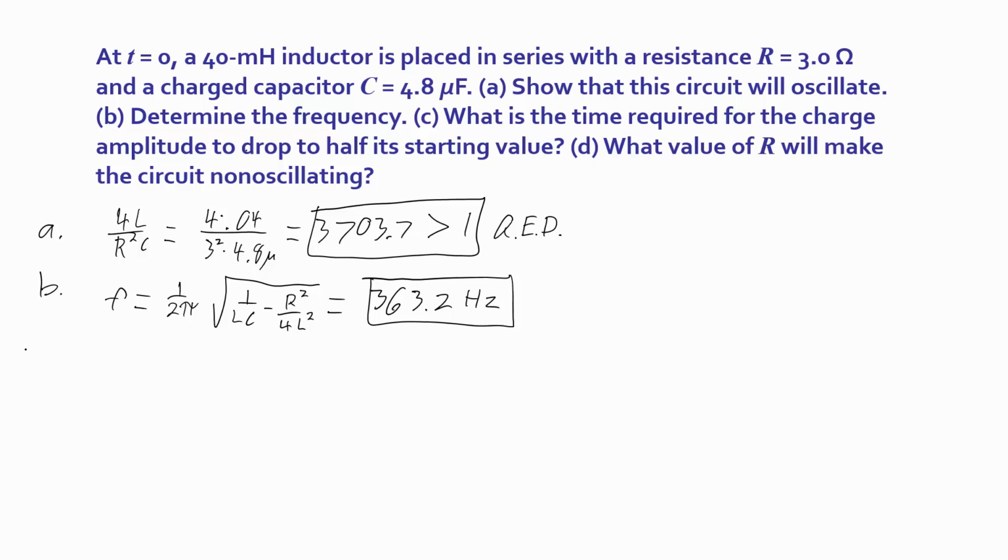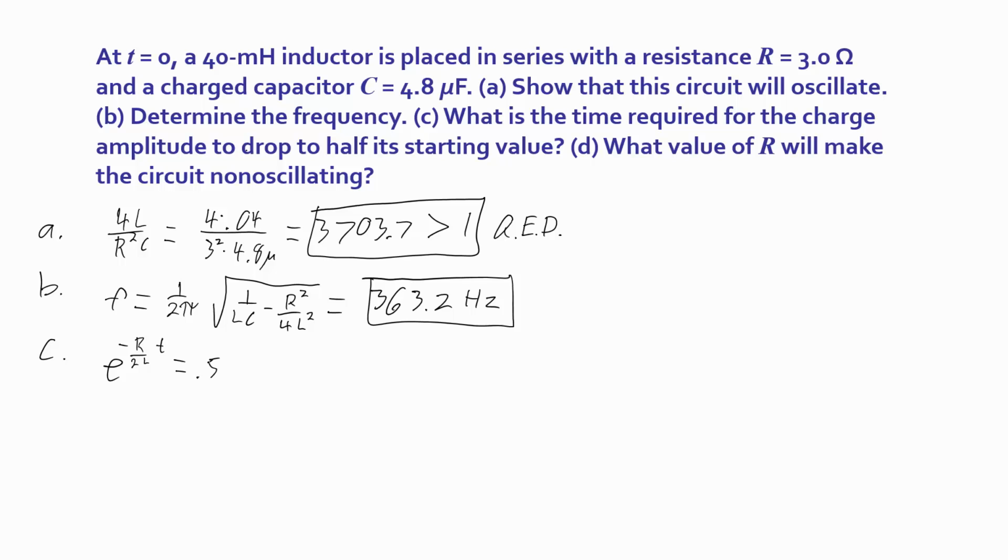Okay, part C, the time required for the charge amplitude to drop to half its initial value. So essentially that decaying exponential part in the equation has to equal 0.5. So we can set that decaying exponential, negative RT over 2L, equal to 0.5.